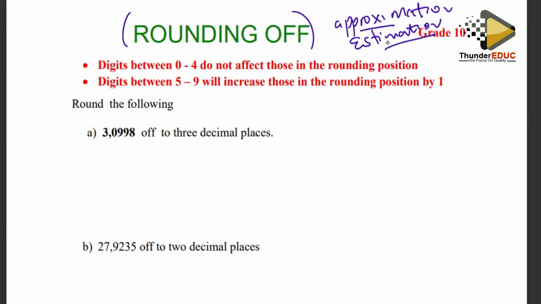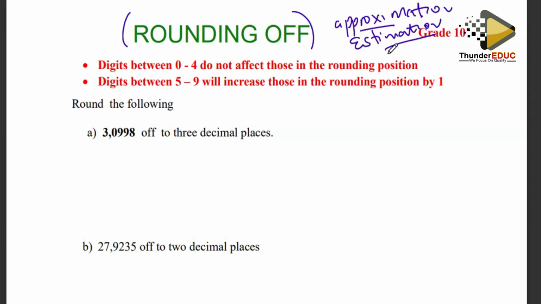This is usually done for purposes of doing simple calculations, to ease our calculations and working with numbers. Because it will be pointless for us to have a very long number with a whole lot of decimal places that we can't easily compute with the calculators. That's why we need to at least approximate or estimate them into something that we can easily work with.